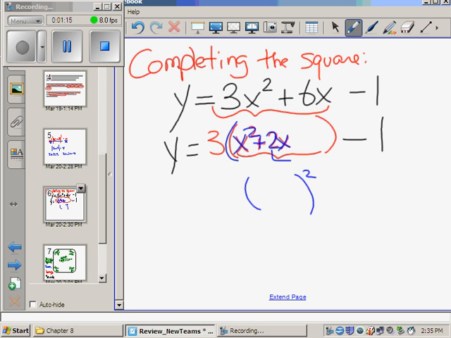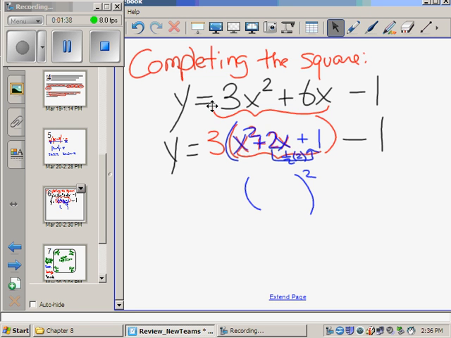The way to get it is to look at that middle number. So I'm going to take half of that middle number, and I'm going to add it here. Just half of it, it's always half of that middle number. Now I can write this as a perfect square.